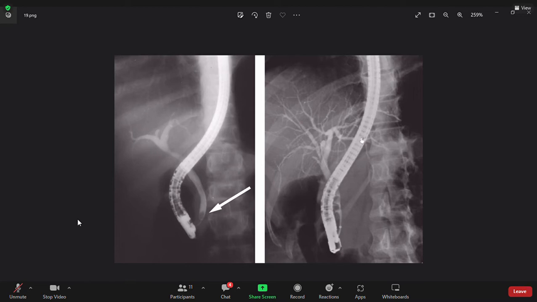Can anybody tell me what would have been the indication for this endoscopic retrograde cholangiopancreatogram? Why would this patient have had an ERCP? Dilation plus elevated liver function tests plus... Absolutely.